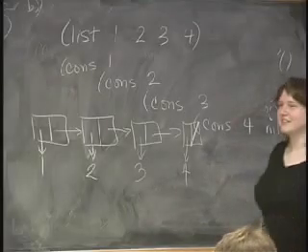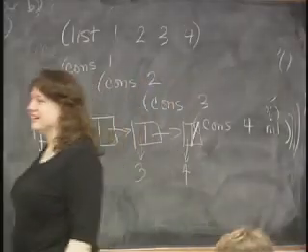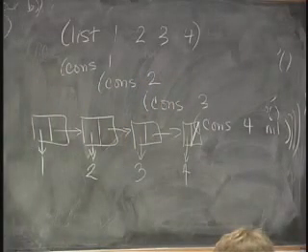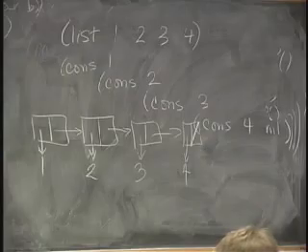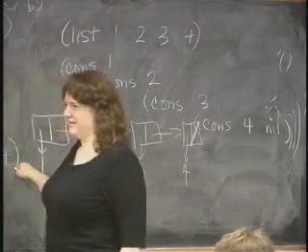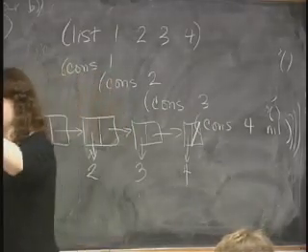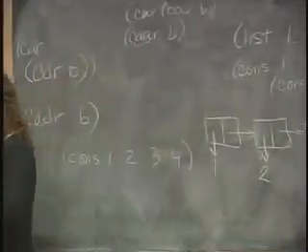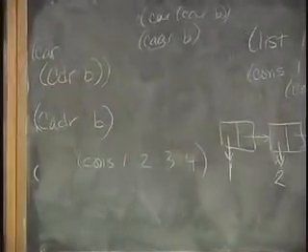Could you sugar your list and just say cons 1, 2, 3, 4? You get the same result? Instead of saying list 1, 2, 3, 4, if I just said cons 1, 2, 3, 4, cons takes 2 arguments. We've just given it 4. So this isn't going to work.